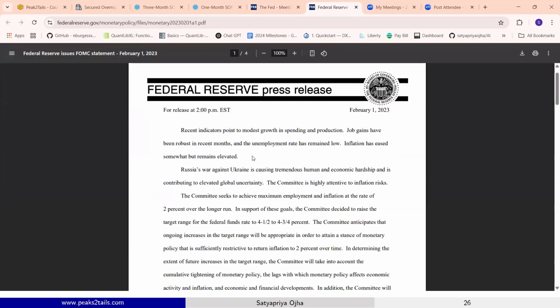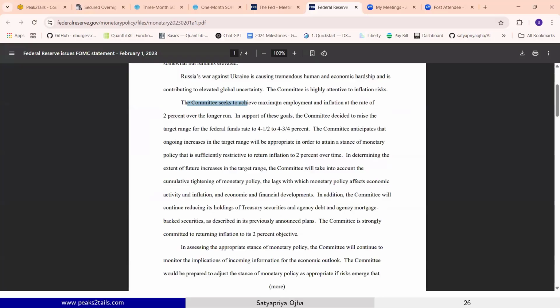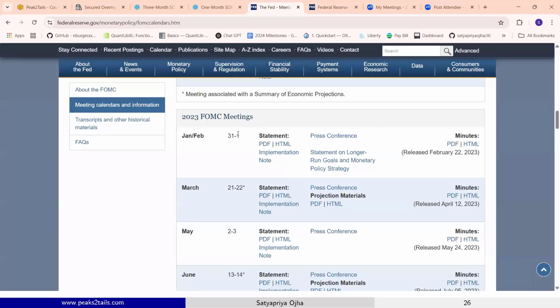It says the committee seeks to achieve maximum employment and inflation at the rate of 2%. With these goals, the committee has decided to raise the target range for the federal funds rate to 4.5 to 4.75%. So this is a 25 basis point raise, decided on 1st February.